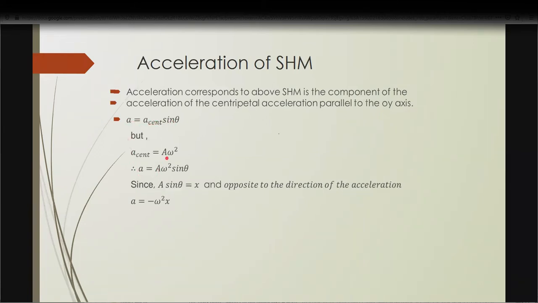Centripetal acceleration equals r omega squared. Instead of r, I put a, so centripetal acceleration equals a omega squared. If you substitute that here, a equals a omega squared sine theta. A sine theta, we obtain as x.